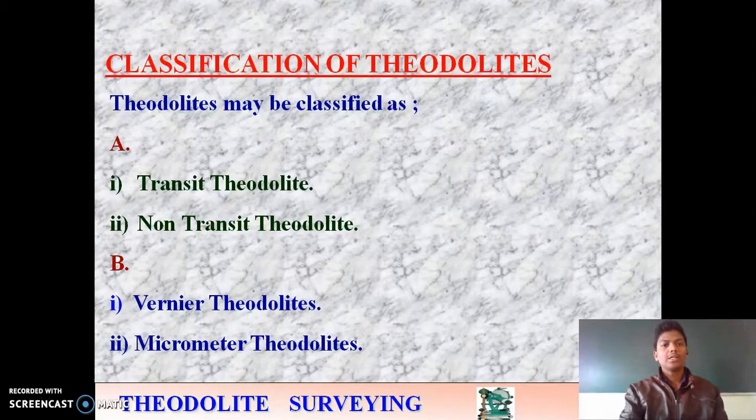Now, classification of the theodolite. Theodolites may be classified as transit theodolite and non-transit theodolite, and by the manufacturing, vernier theodolite and micrometer theodolite.